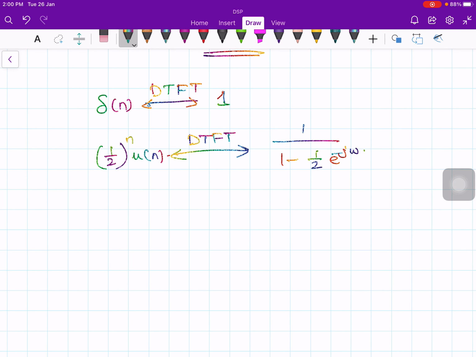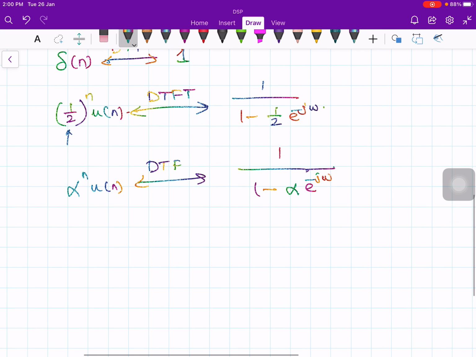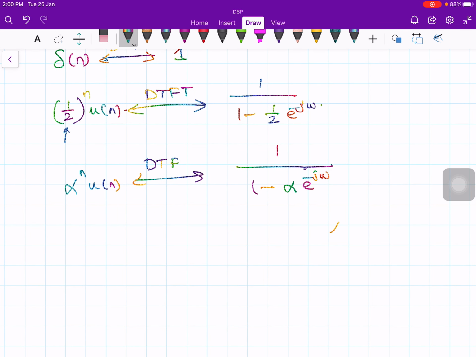In general, if you replace this 1 by 2 by alpha or some constant, alpha to the n u of n, if you take the DTFT, then you will get 1 divided by 1 minus alpha times e to the minus j omega, provided that mod of alpha must be less than 1.